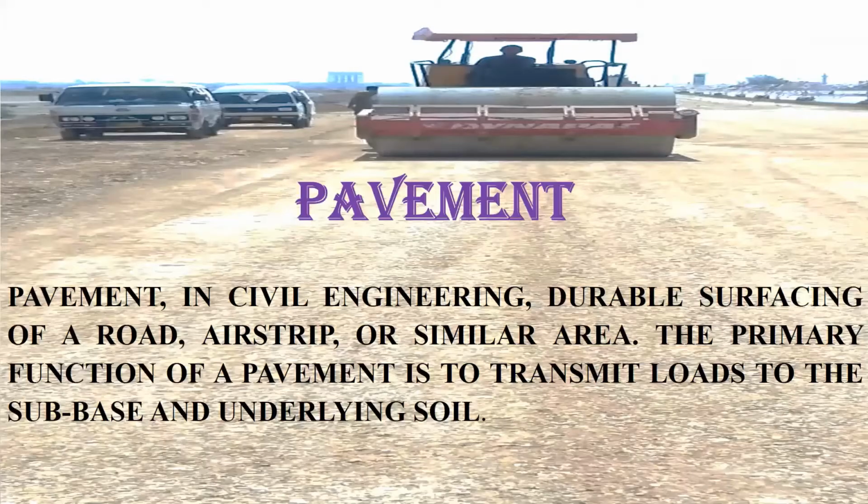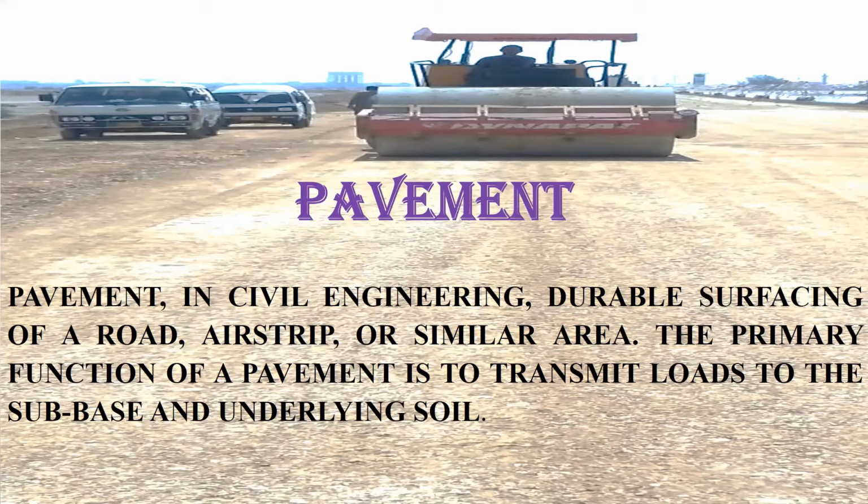Now I am moving towards the definition of pavement, what pavement actually is. According to the definition, pavement in civil engineering is the durable surfacing of a road, airstrip, or similar area, for example a rigid pavement where the aeroplanes move.